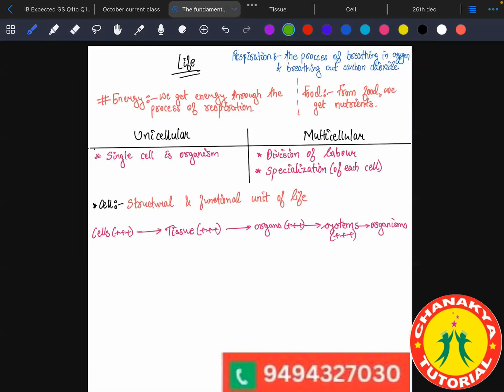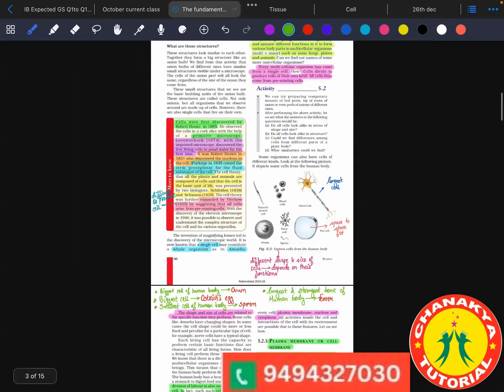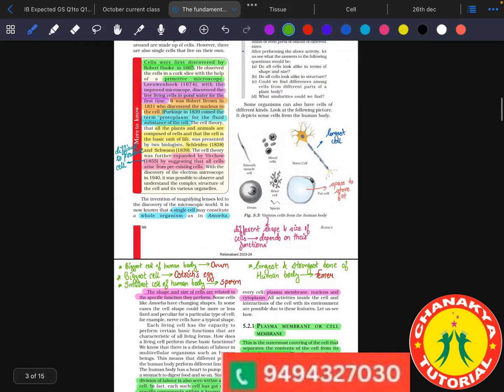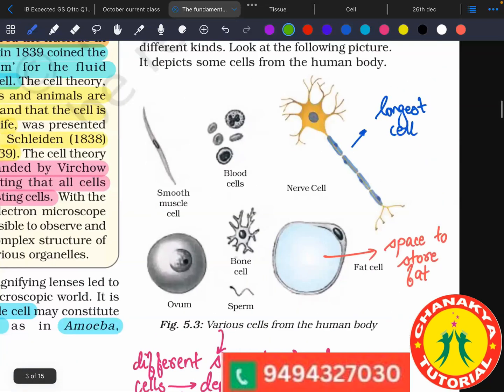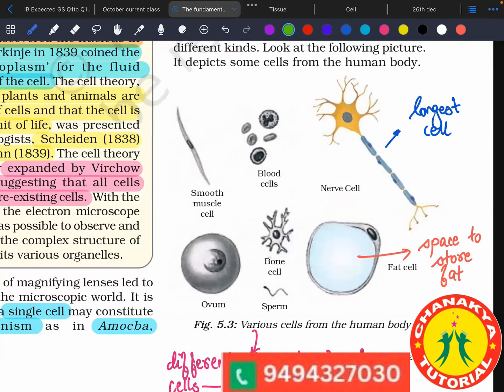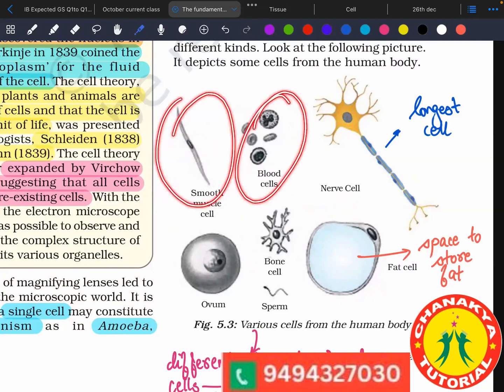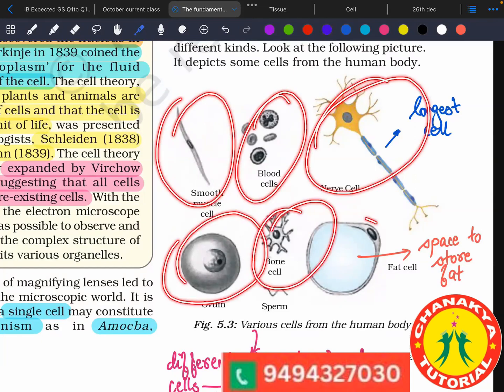If I show you different kinds of cells, these are different kinds of cells which are present in our human body. There is a smooth muscle cell. As you can see, these are all different kinds of cells.